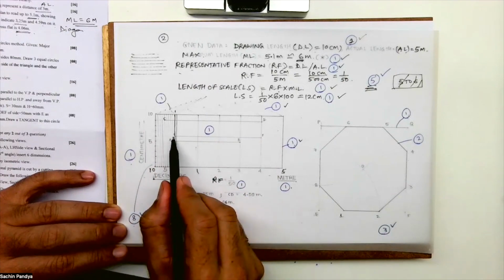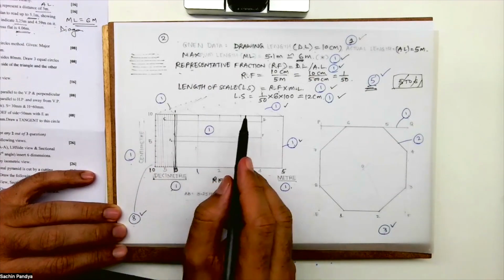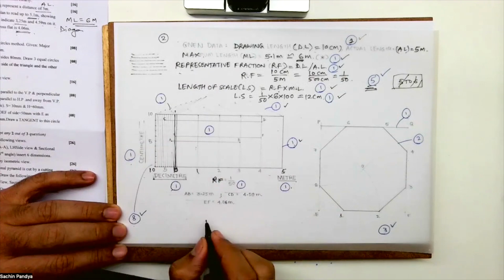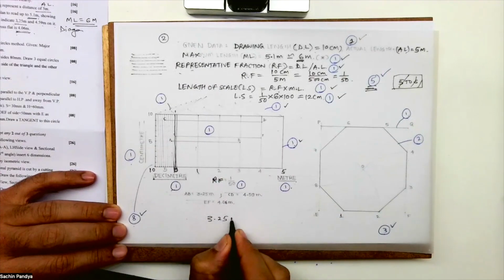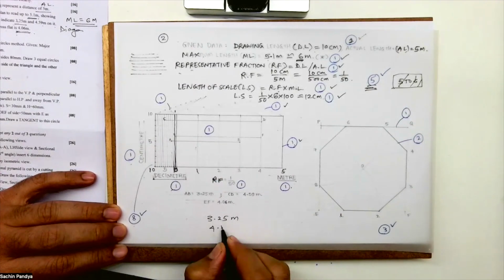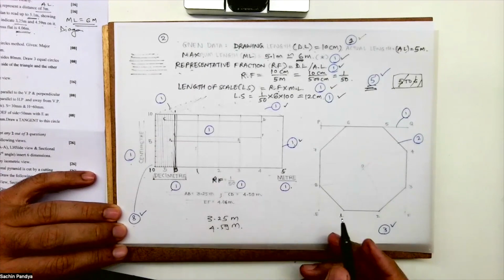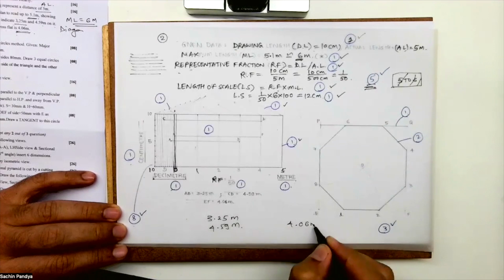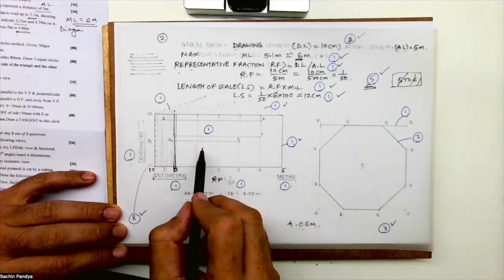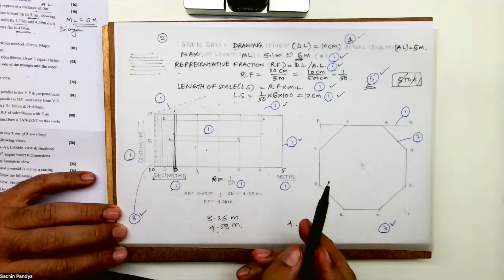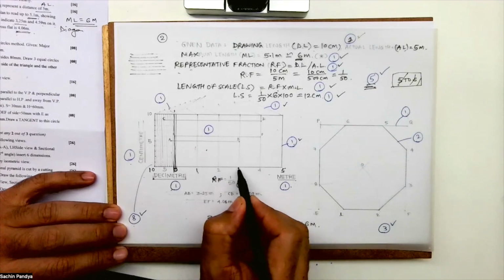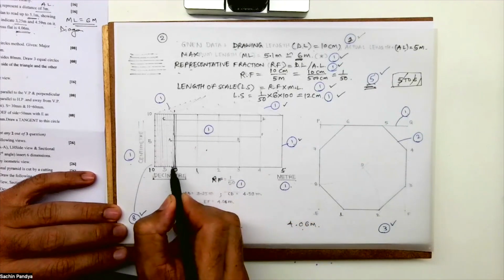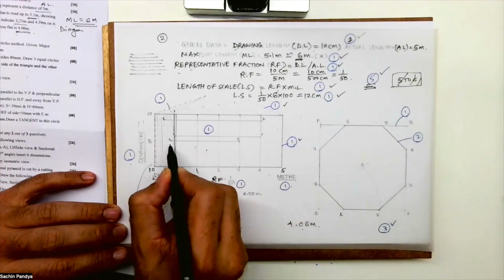And showing all these dimensions, if you see in the question, they have asked us to draw 3.25 and 4.59, right? And we have to draw this octagon of 4.06 meter. So these 3 dimensions we have to show on the paper. So if I want to show 3.25, I will take 3 on this, then 2 on this, then 1, 2, 3, 4, 5.